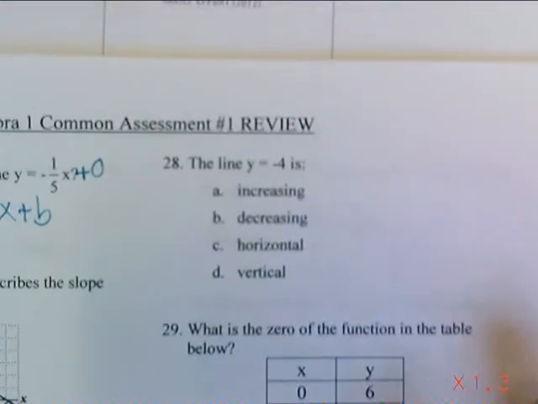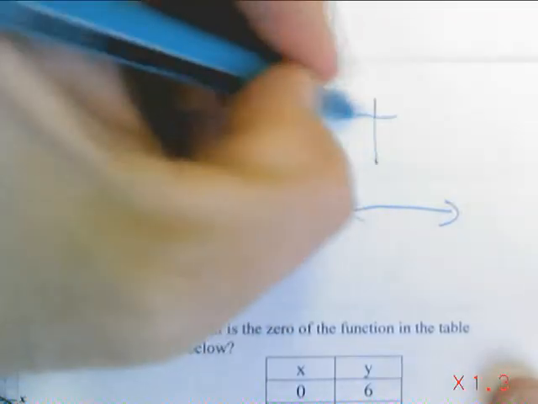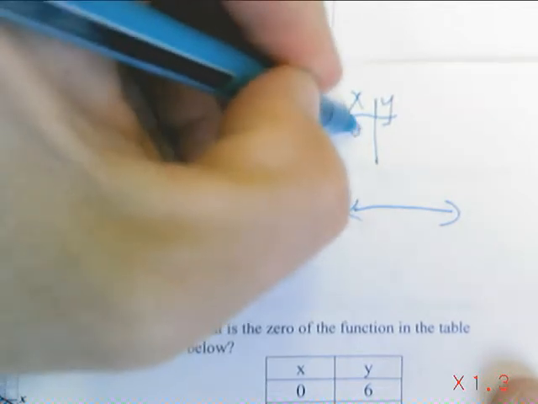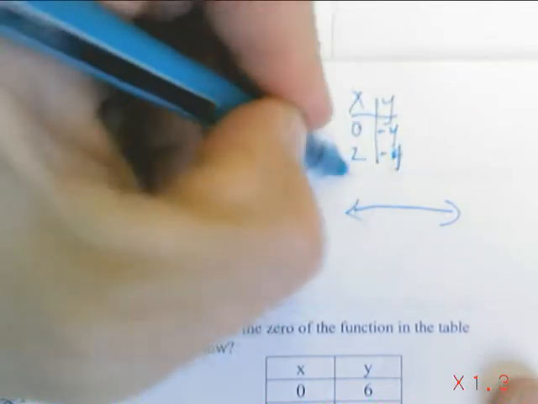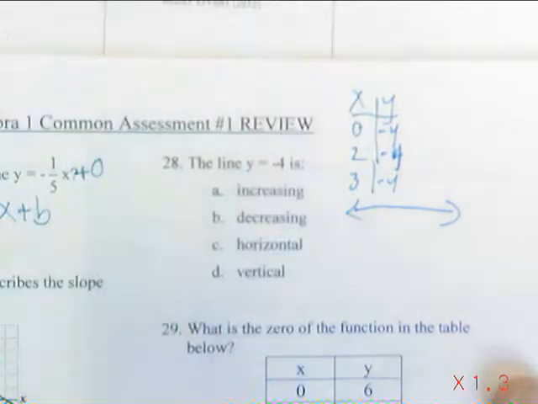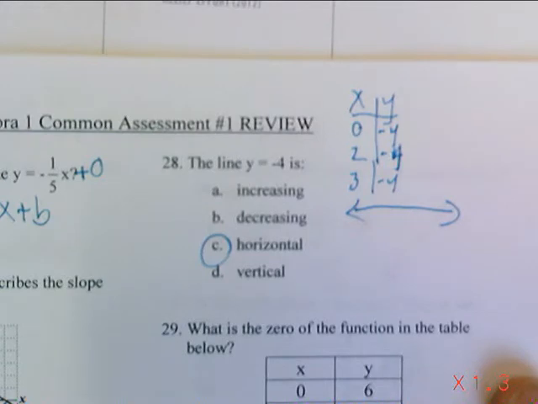I guess I spoke too soon. The line y equals negative 4, if you were to put that on graph paper, you get a horizontal line, and that means all the y's are negative 4. So y equals negative 4 is horizontal.